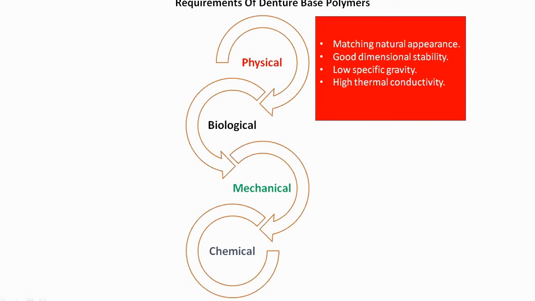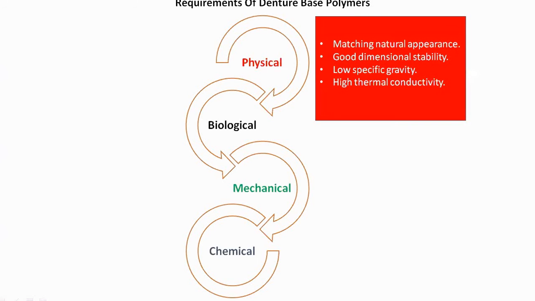It's a transparent liquid. But you can add colors to it so that it will be more aesthetic and it will match with the patient's mouth. So yes, it does match the natural appearance, because we can give any color to the denture base according to the wish. The area where gums are present is pink in color and teeth are white.